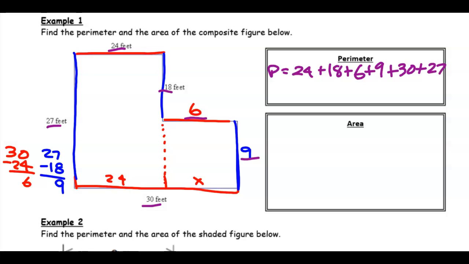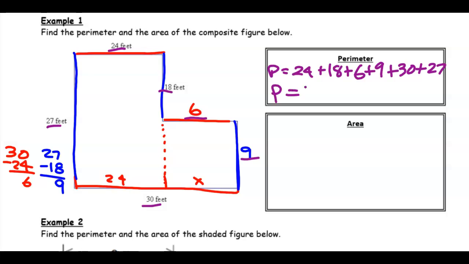Okay, so I added up all 6 sides, and now it's just a matter of typing it in, getting the answer. So let's do that. 24 plus 18 plus 6 plus 9 plus 30 plus 27 gives me 114.